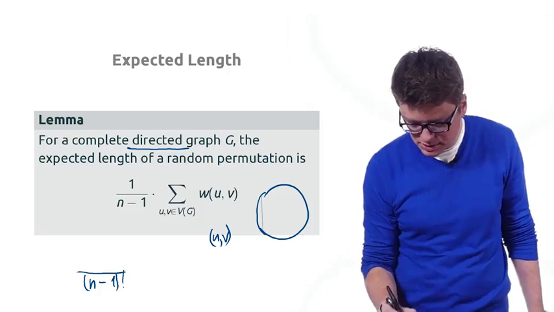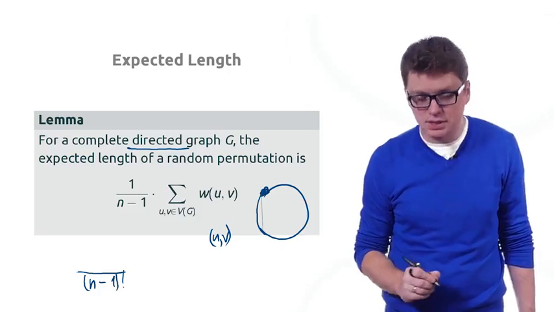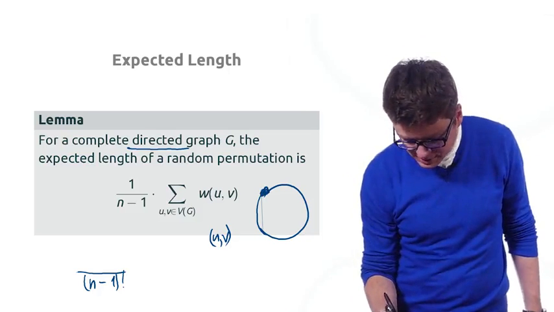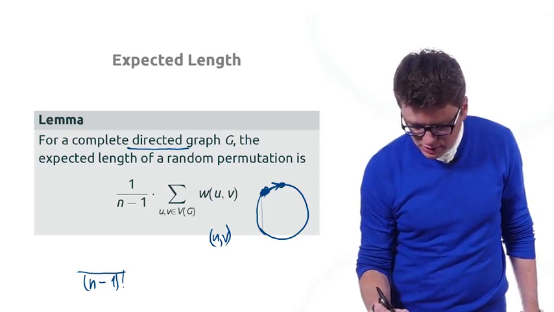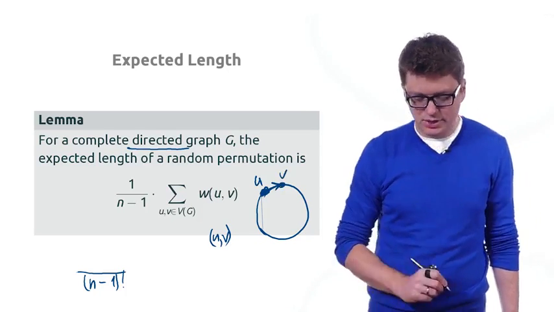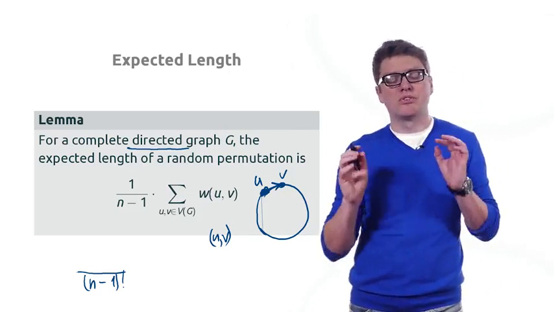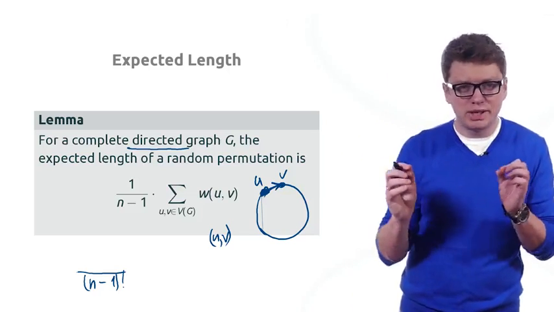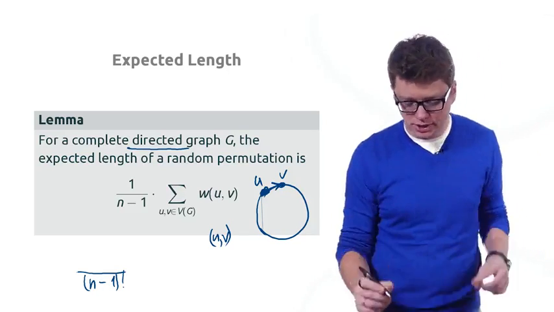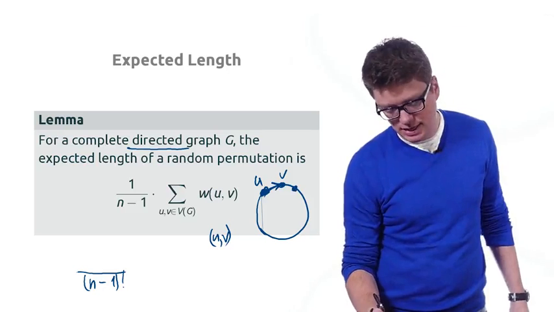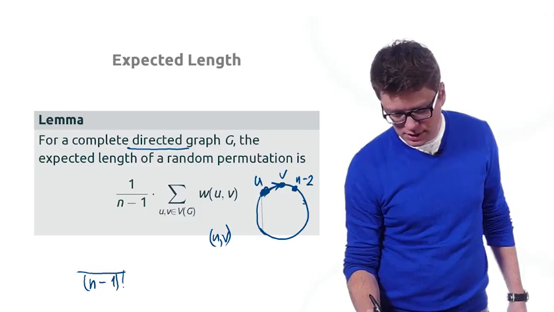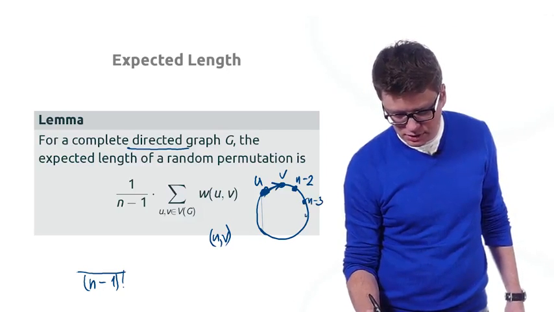Since we have a cycle, we are free to select its starting point. So let's assume that U is the starting point of this cycle. Since it has vertex V next, we know that there is U and V here. For all the remaining nodes, we are free to select any permutation: any of n minus 2 nodes here, any of n minus 3 nodes here, and so on.